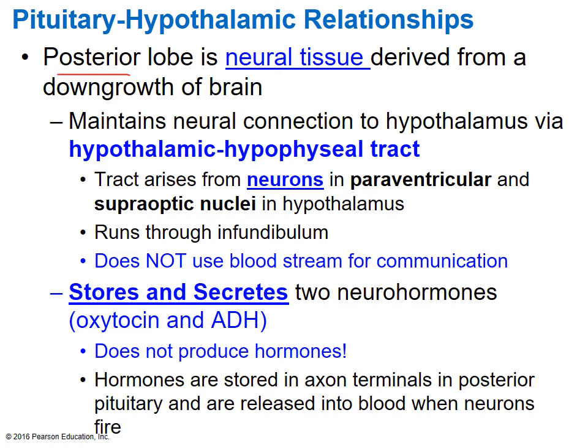It turns out that the posterior pituitary gland, from an embryonic standpoint, is literally an extension of the hypothalamus, which means that it's composed of nothing but neural tissue. So we're thinking neurons, we're thinking glial cells, and because the hypothalamus and the posterior pituitary gland are composed of the same cell types, when the hypothalamus communicates with the posterior pituitary gland, it will simply use its neurons to communicate its message from one side to the next.